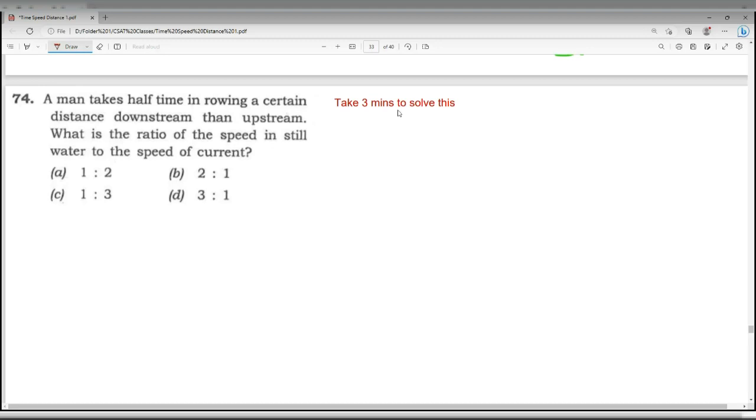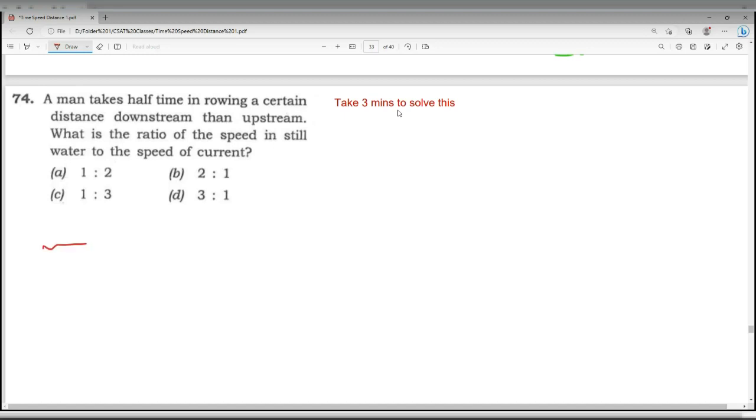So they're saying a man takes half the time in rowing a certain distance downstream than upstream. What is the ratio of the speed in still water to the speed of the current? So what they're saying is a man is rowing in a stream.